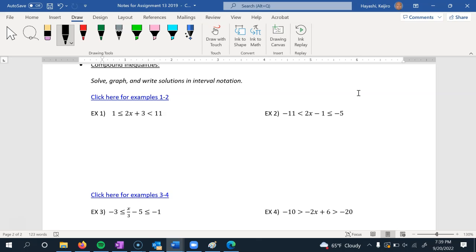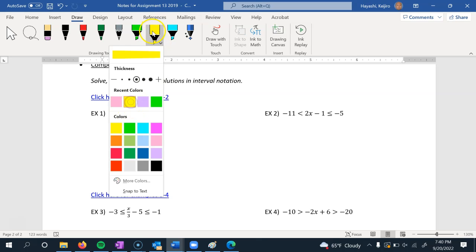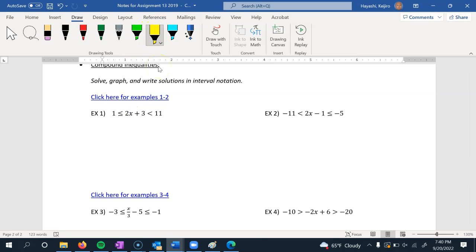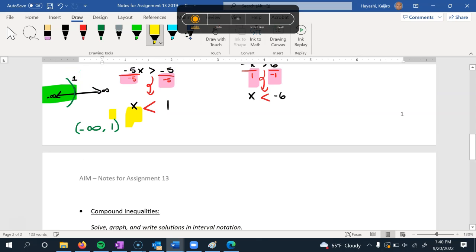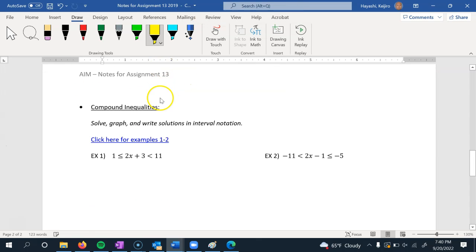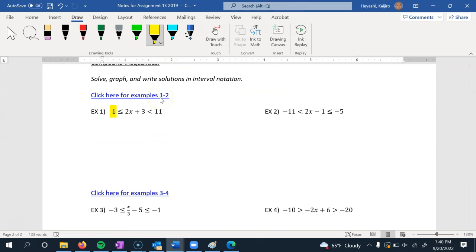Whereas with regular inequalities and with equations we have two sides to deal with, with these compound inequalities, with the two inequality symbols, it's kind of like there are three sides to deal with. A left side, a right side, but also like a middle. And you're trying to isolate the x in that middle.